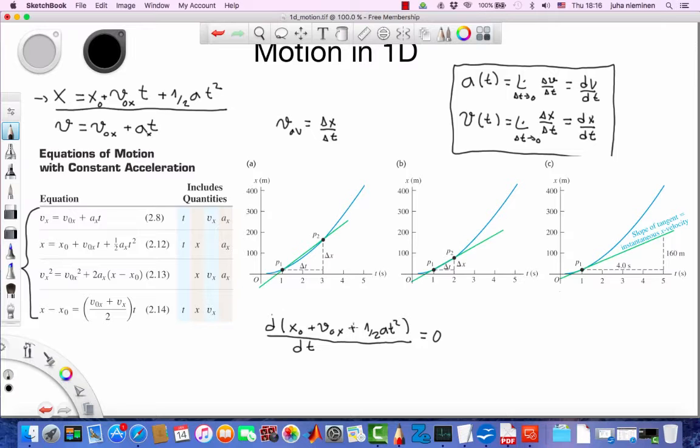And for v0 times t, the derivative of t gives only the velocity term. Then when we take the derivative of the last one with respect to t, we get 2 times half at, which is just at.